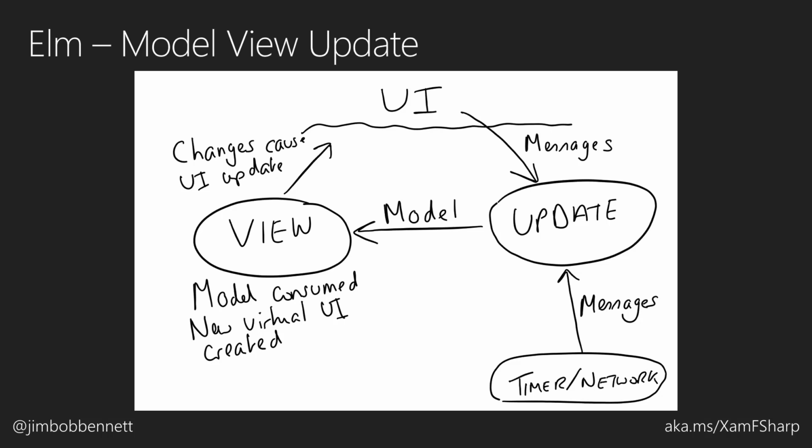Whereas with this Elmish architecture, with Elm architecture, the model is a record, an immutable container full of data. The update is not an update class. It is a function. The view is not a view class. It is a function. And the way that the Elm architecture works is you have an instance of your model, and this is the state of your system.